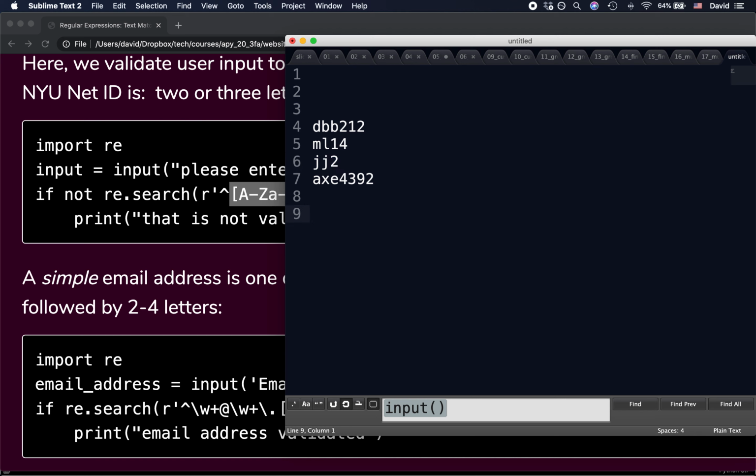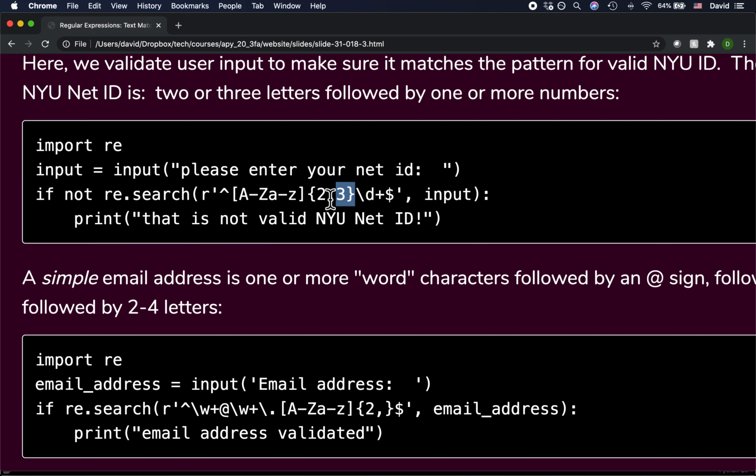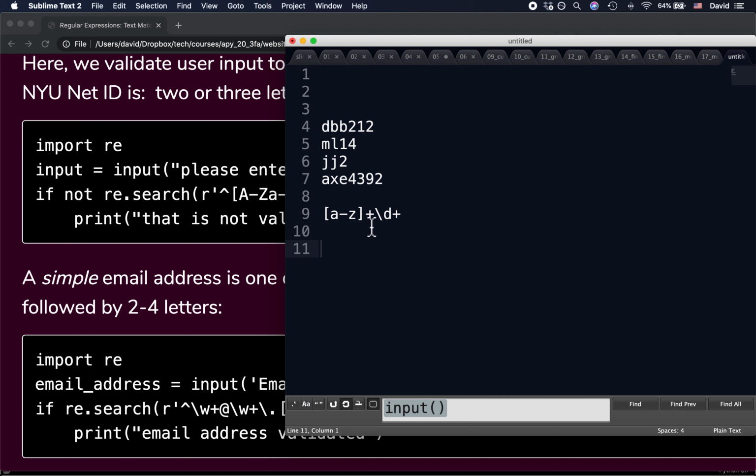If we'd like to match the net IDs that we see here, we might say a to z, 1 or more, followed by 1 or more digits. That's our idea here. This custom quantifier we'll look at again, but you can see it means 2 or 3. So maybe we'd like to say 2 or more instead of 1 or more. I could say it this way.